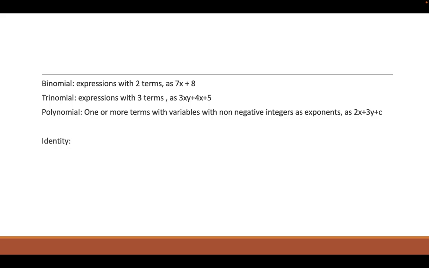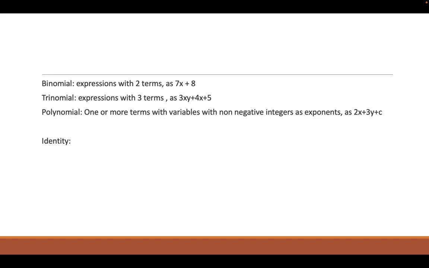Now, while solving algebraic expressions, equations, and factorization, we need to remember some identities that help us solve these equations and expressions, reduce a larger expression to a smaller one, or use factorization to make it concise.